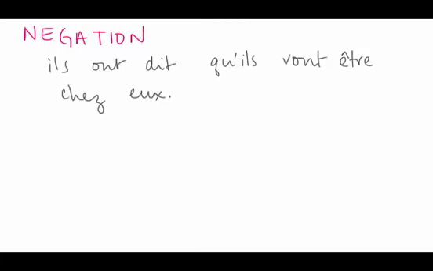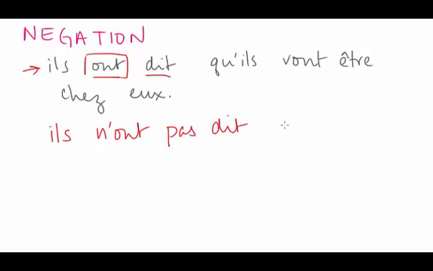Now, what if they hadn't? What do we do? Okay, so the real question here is where the ne and the pas go, because we've got these two parts. So does it go around both of them or around just one of them? The answer to that is around just one, and that is just around the auxiliary. So if we were to negate this sentence, we would say ils n'ont pas dit qu'ils vont être chez eux.